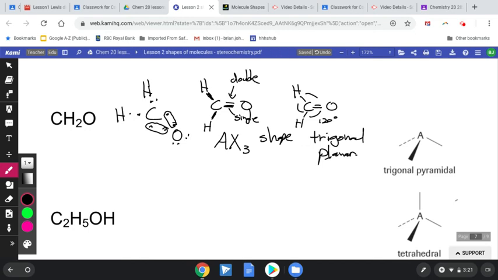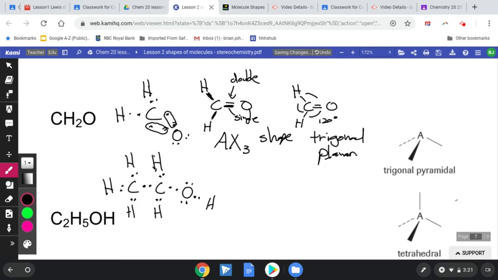Okay, C2H5OH, Lewis diagram, carbons bond to carbons. There's our 6 remaining, H5, 1, 2, 3, 4, 5, and then we have an O with an H hanging off of it.